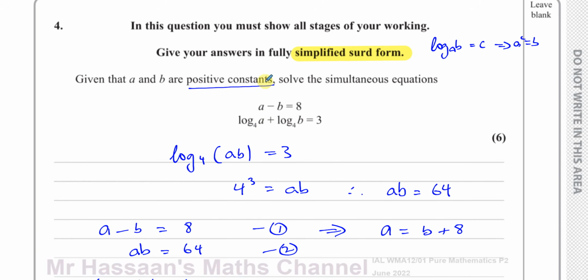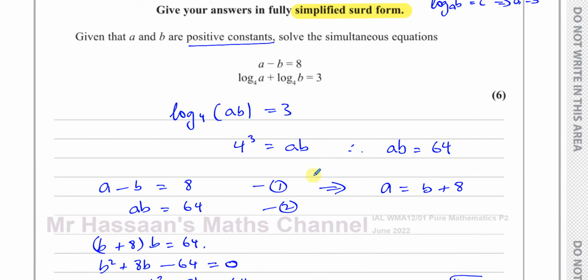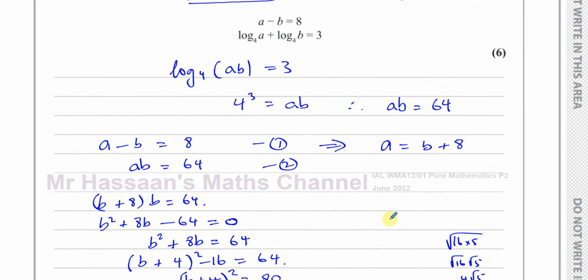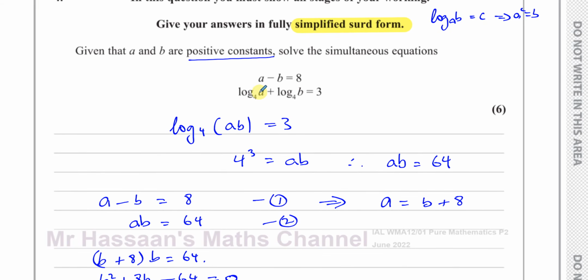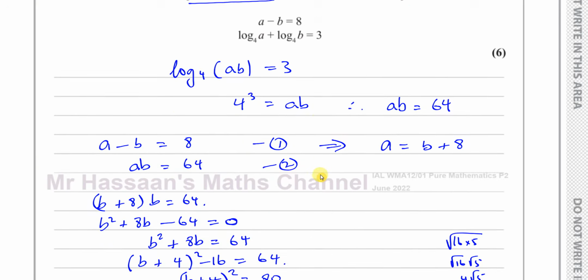So even though they didn't tell us they're positive constants, we must always make sure that the values we find for any variable in a logarithm equation never cause a negative value inside the log. So you cannot have log to the base 4 of something negative. You can't have anything negative in these places. They can't even be 0. It'd be undefined. So even if they hadn't told us this, we should have rejected b as minus 4 root 5 in this question because it would have caused this to be undefined.